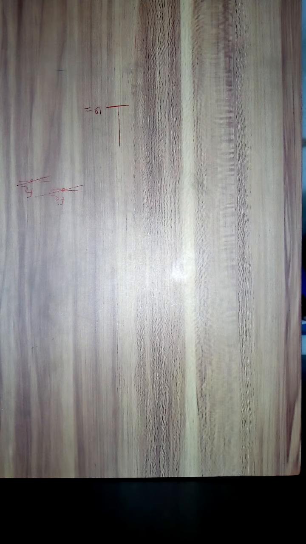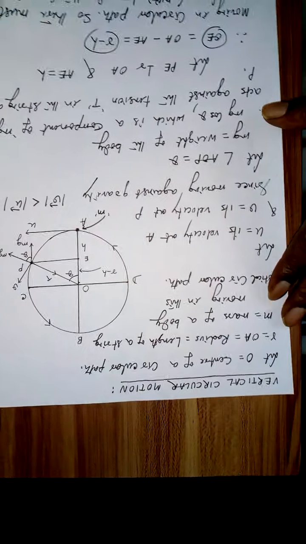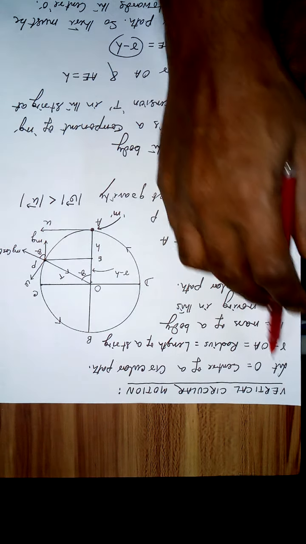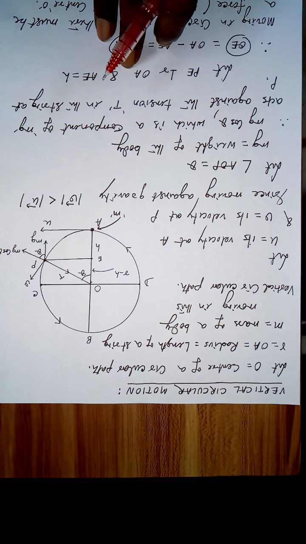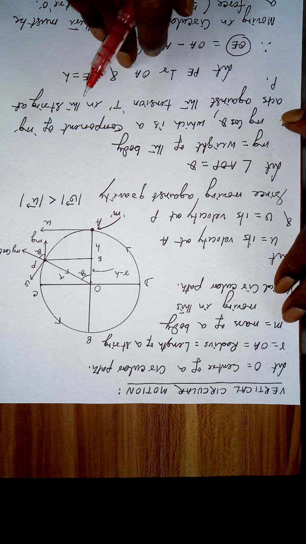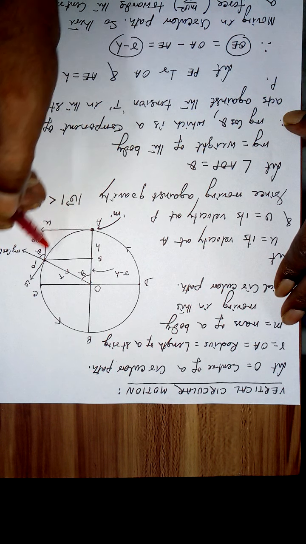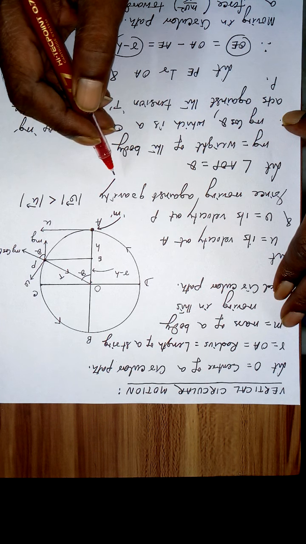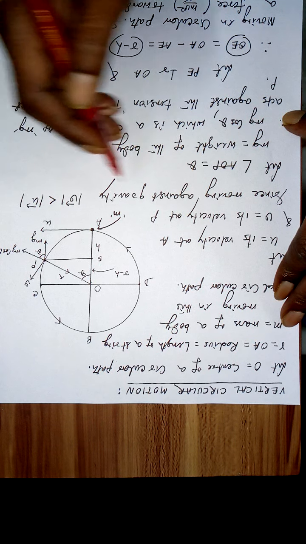Now we'll move on to vertical circular motion. Vertical circular motion is also a non-uniform circular motion, because as the body is moving in a vertical circle, as it is going from bottom to top, its speed decreases, meaning it changes.